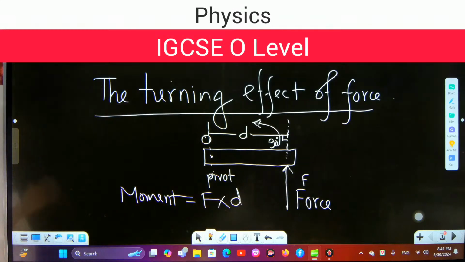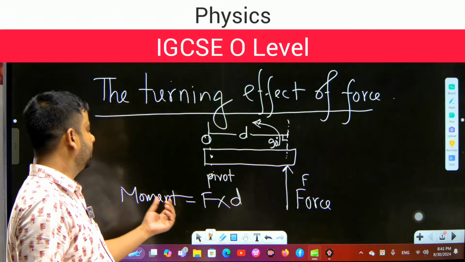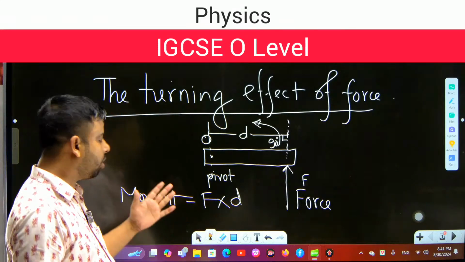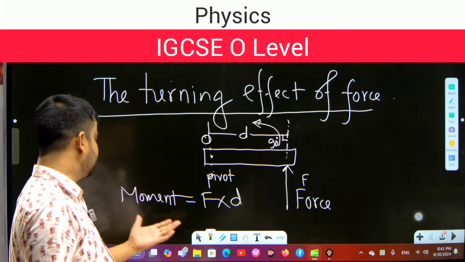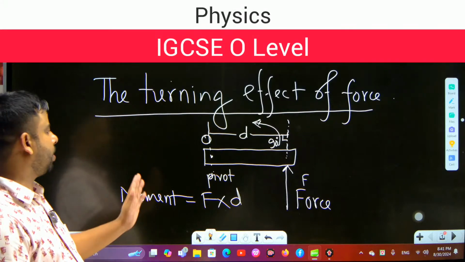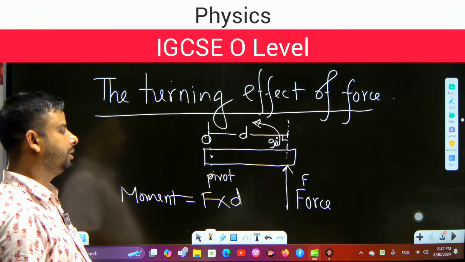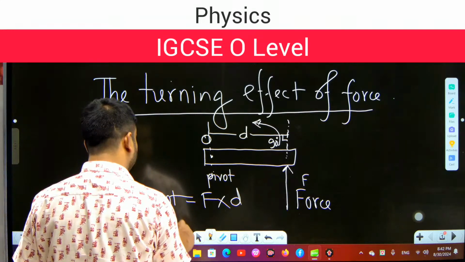So moment depends on force and perpendicular distance. If the amount of force acting on an object is increased, then moment also increases. If the perpendicular distance from the pivot increases, then moment also increases. What is the unit of moment?